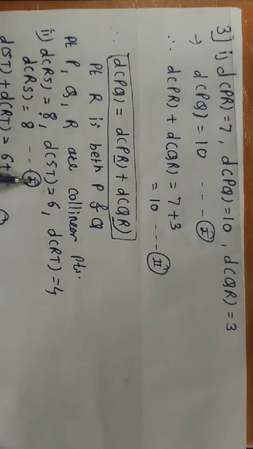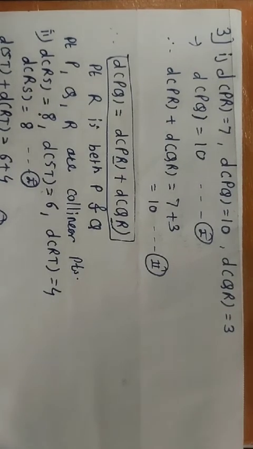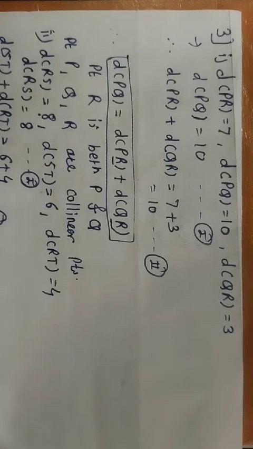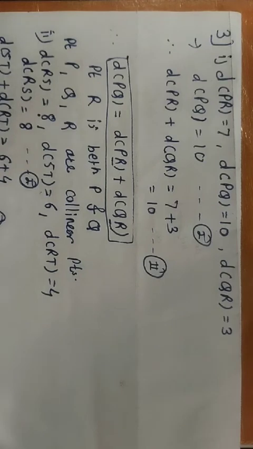See, from equation number first and equation number second, we find the relation: distance RS is not equal to distance ST plus distance RT. So we conclude that point R, point S and point T are not collinear points.